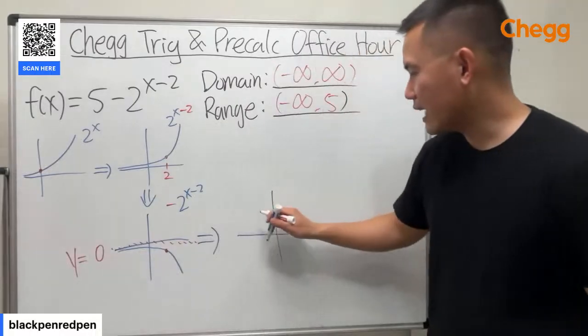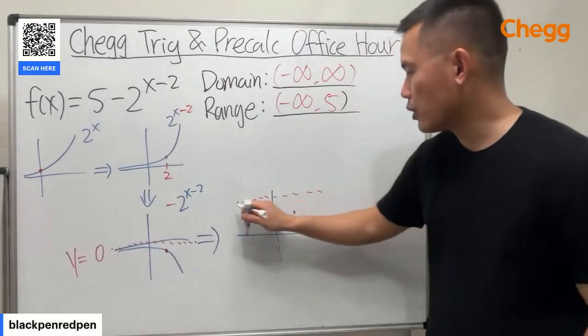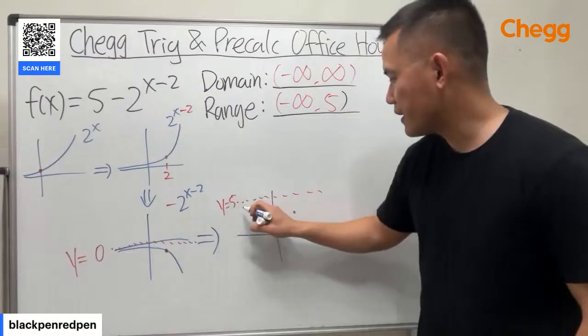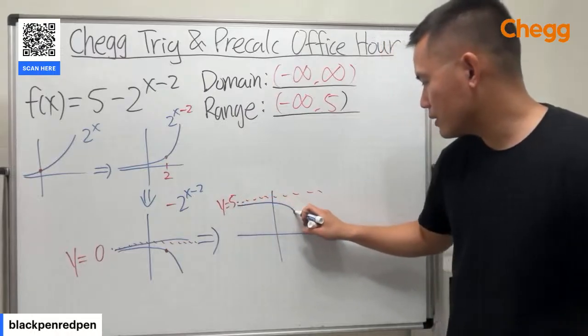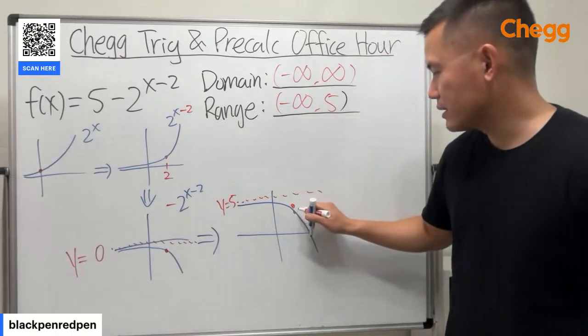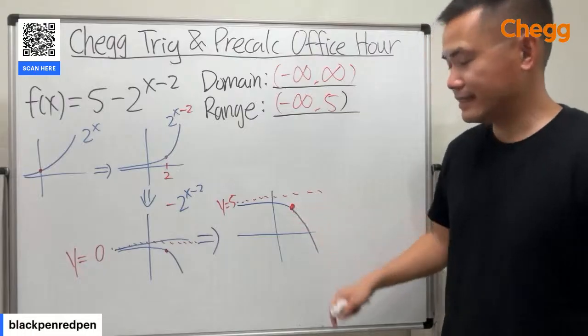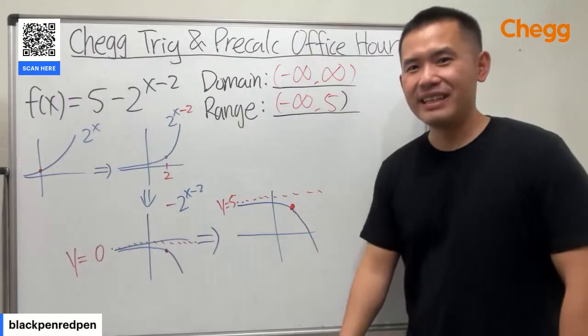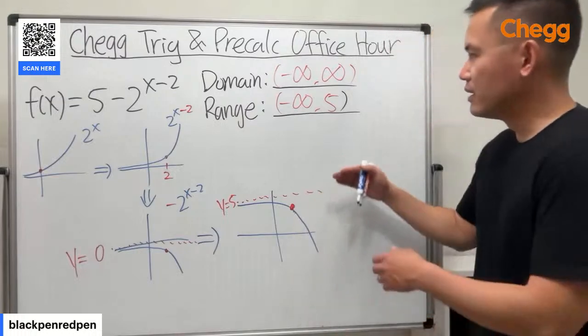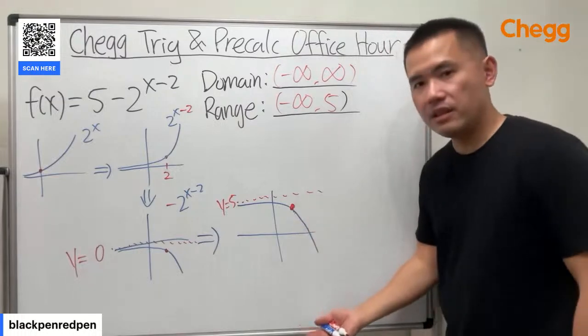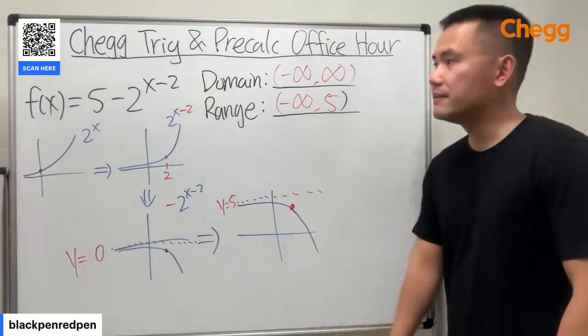But once you go up 5 times, the horizontal asymptote will be at y equals 5. And then the graph will look something like this. So, no, that's a horrible graph, just like that. Therefore, the range goes from negative infinity up to 5. All right?